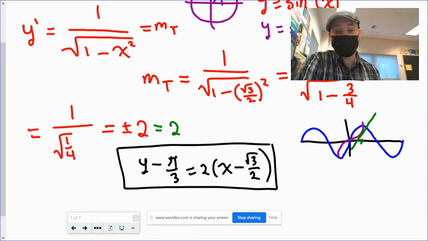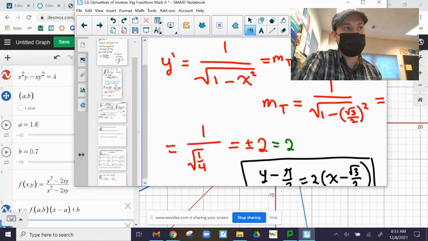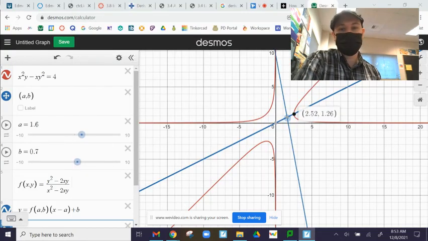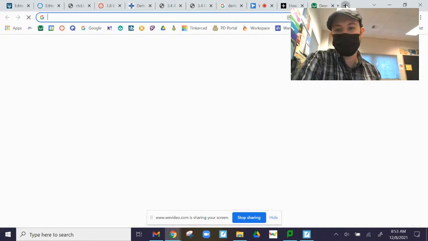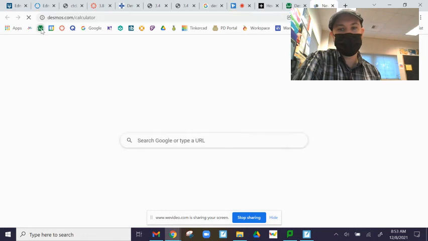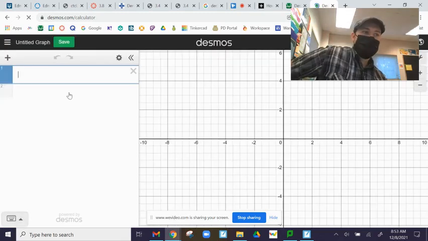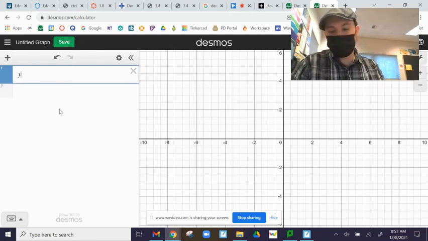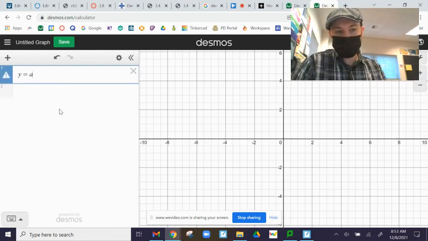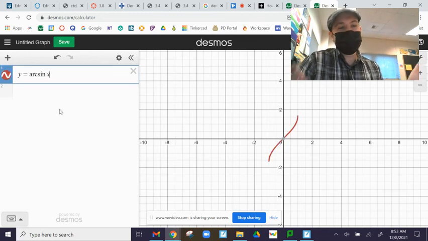Let's verify that finding. We're gonna put this in Desmos and take a look. All right. So I'm gonna graph sine inverse of x. See, it's easier to type arcsine.